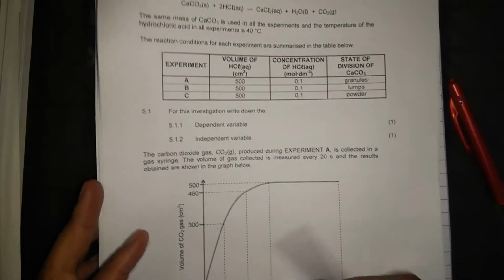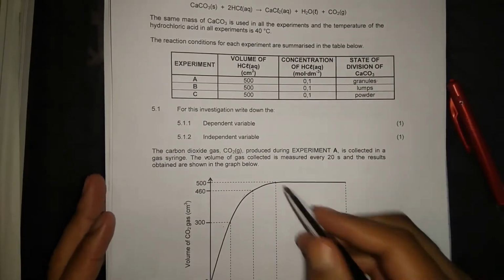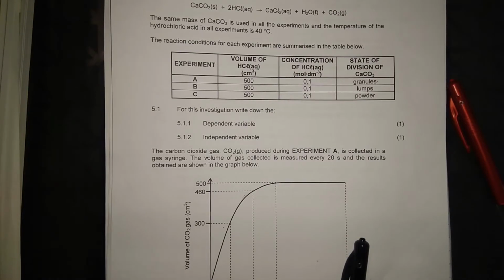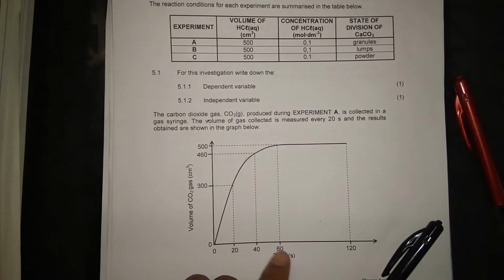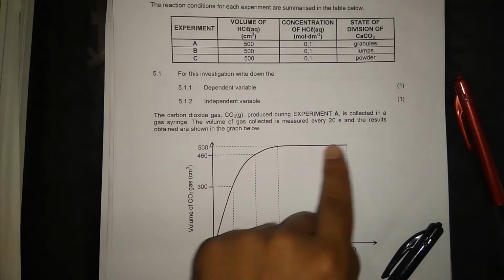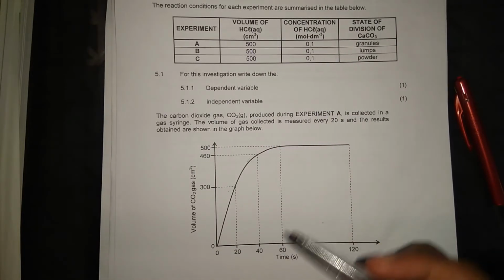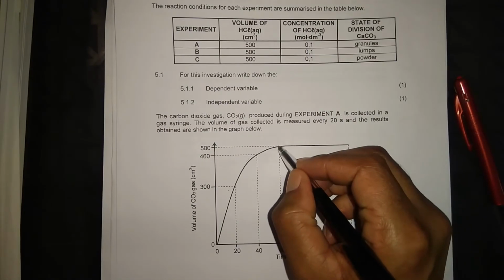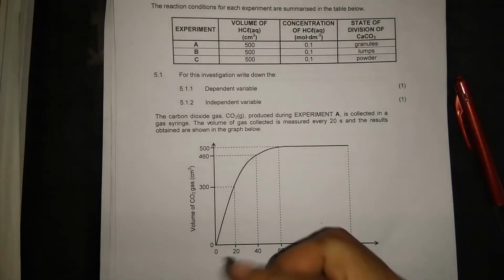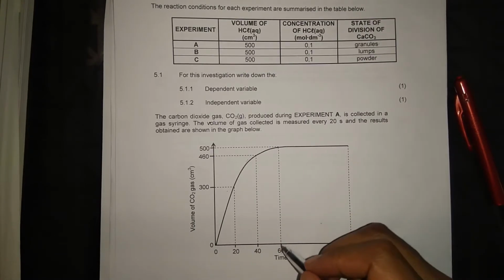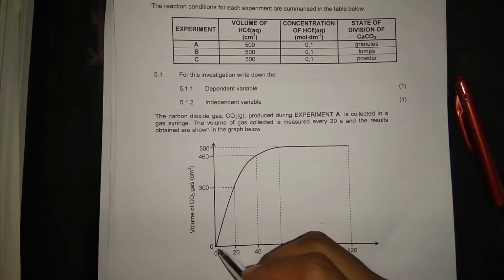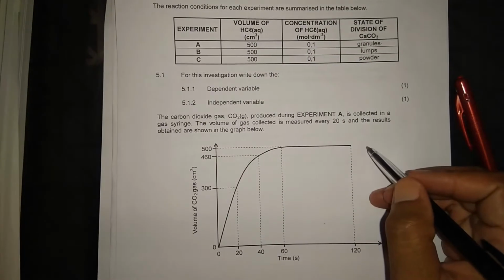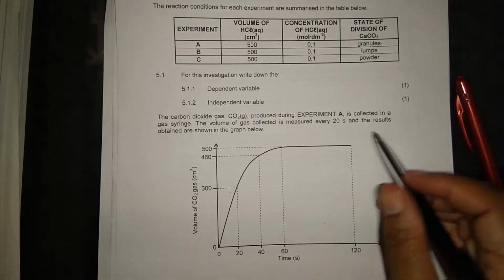The slope of this graph gives us our reaction rate, but between 60 and 120 we have 0. So we want the average gradient. We calculate the gradient where there's change on the graph. From 0 to 60 seconds, I see an increase, eventually it becomes 0. There's no reaction rate after that.